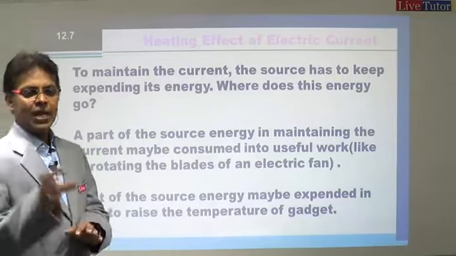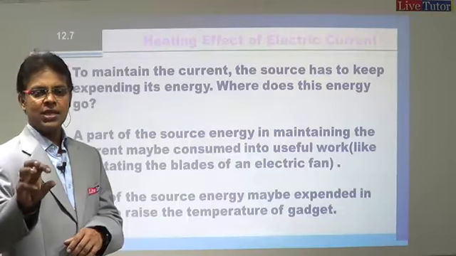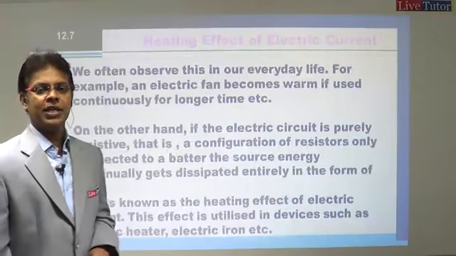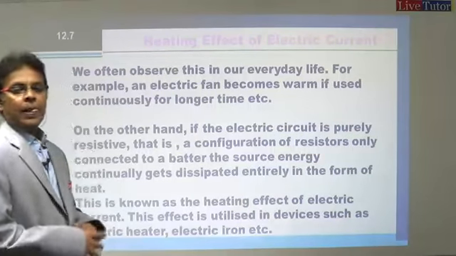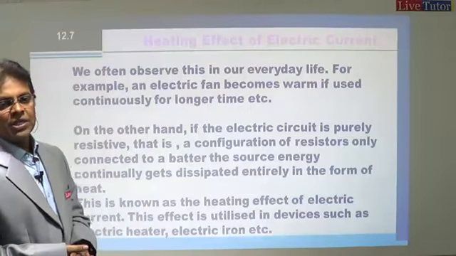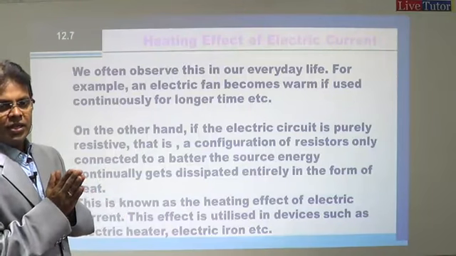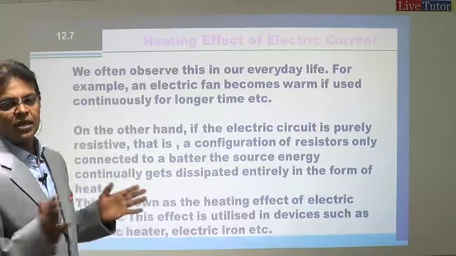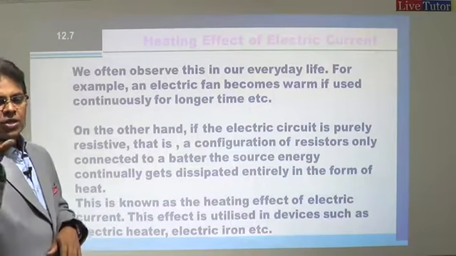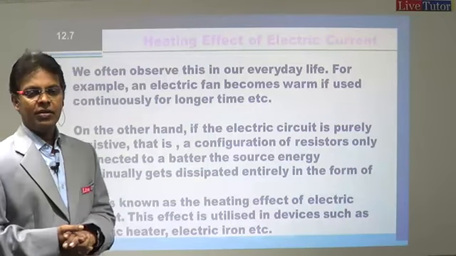So of whatever energy the battery supplies, only some part is useful and utilized, and the remaining part is wasted as heat energy. This is called the heating effect of electric current. How is this part of the energy dissipated, wasted entirely in the form of heat? Suppose the circuit has only resistors.